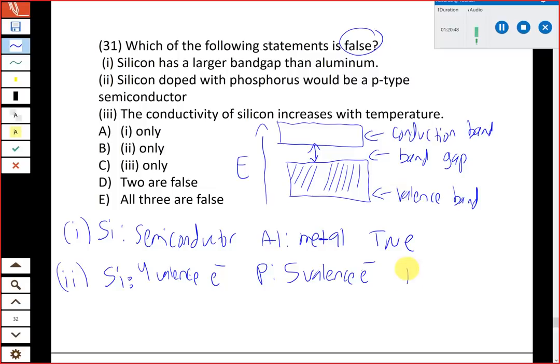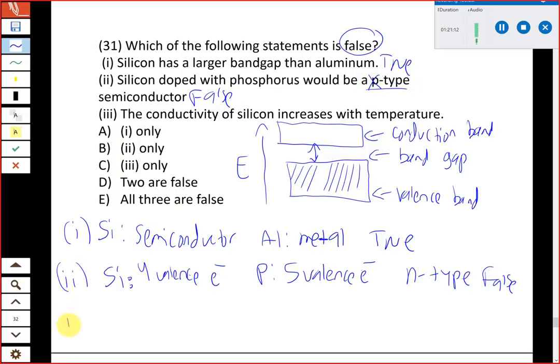Sorry, we call that n-type. I mixed it up already in my head. This is n-type. Whenever you have more valence electrons in the dopant and you're putting extra electrons in, that's n-type behavior. So this one would be false, because this type of doping would be n-type, not p-type. All right, so that one's wrong.